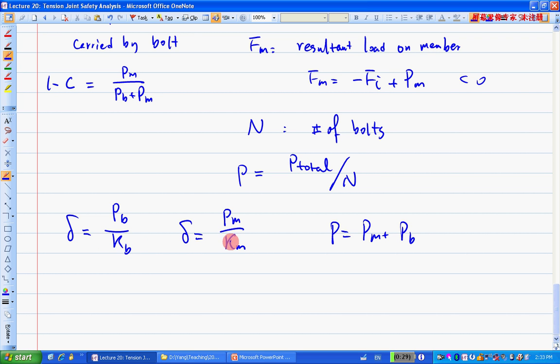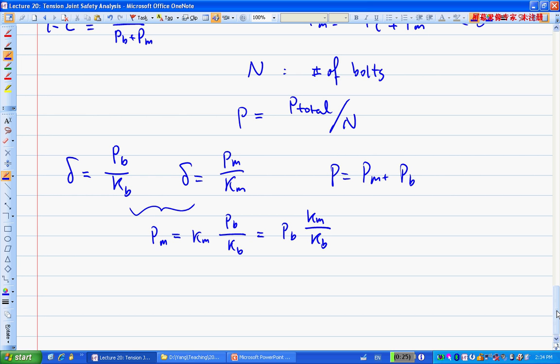First, let these two deflections equal each other, and then we can derive PM equals PB times Km over Kb. At the same time, PM equals P minus PB.